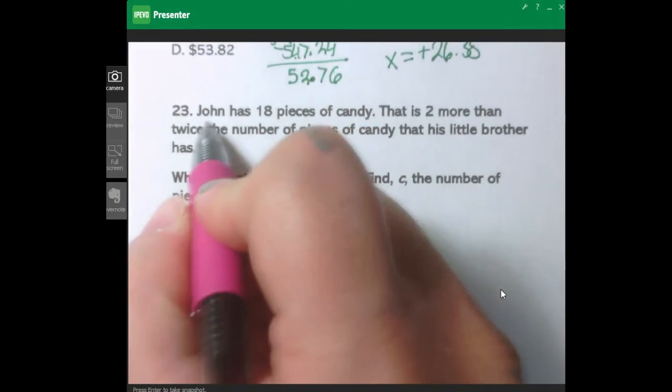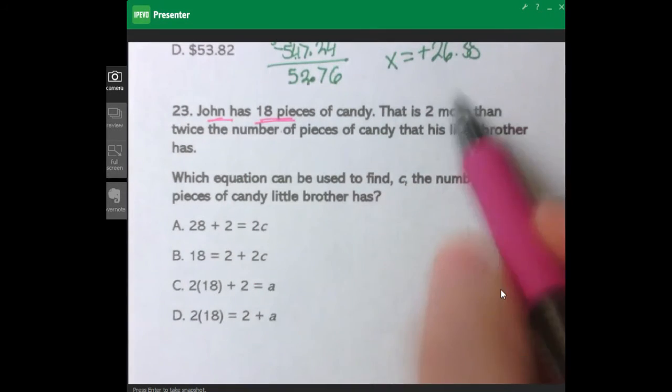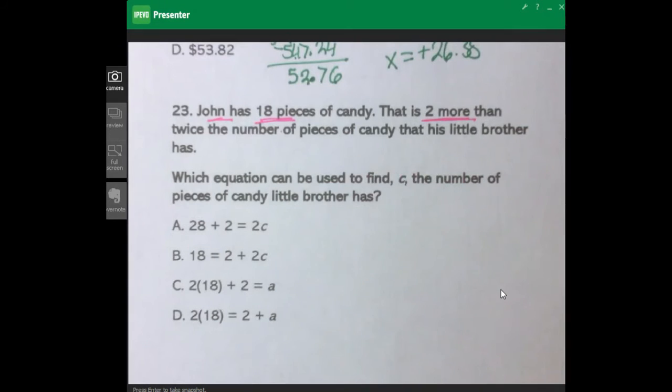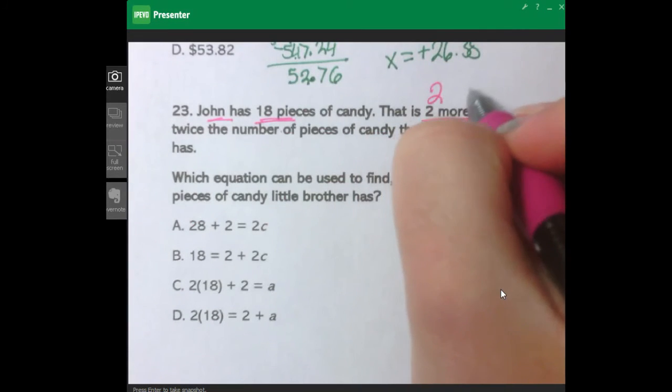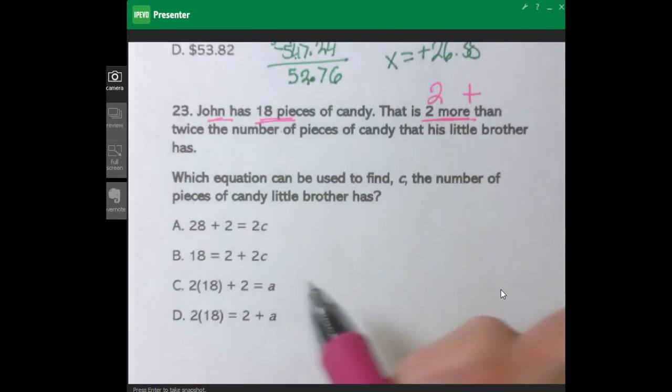So we know that John has 18 pieces of candy. So he's got 18 pieces, but that's 2 more than. So that's 2 plus twice what his brother has.